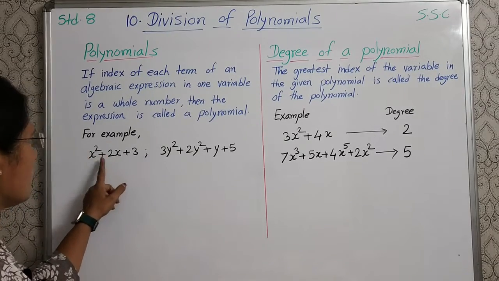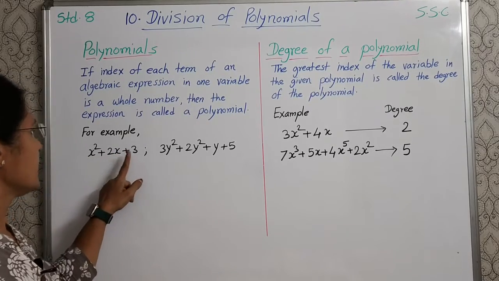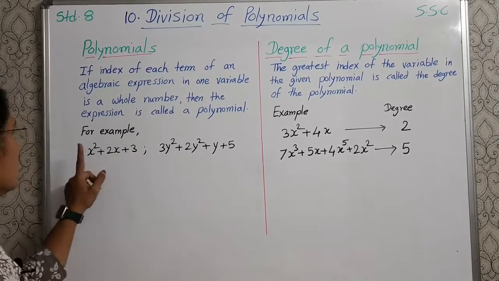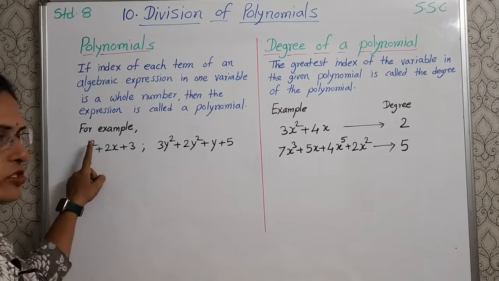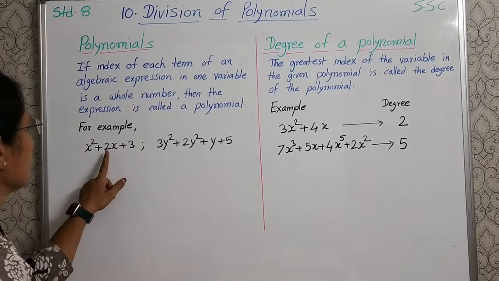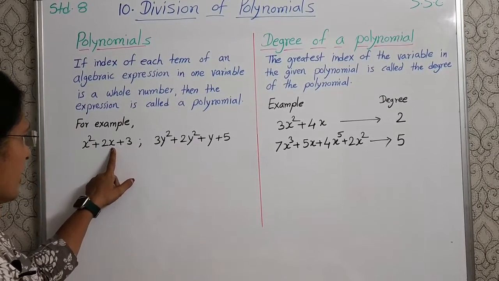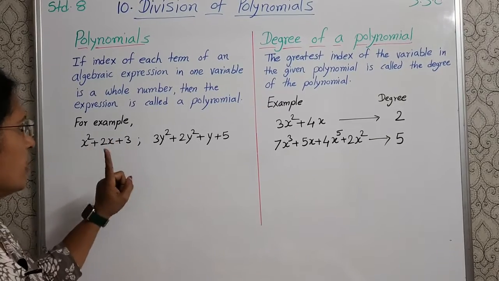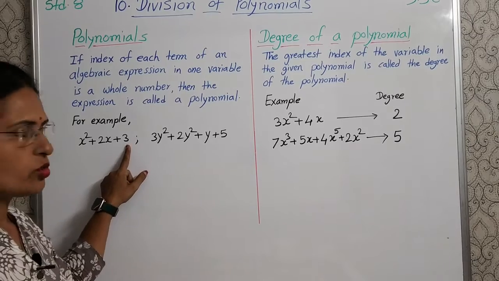Now see the index of each term. There are three terms. First term is x square, second term is 2x, next term is 3. See here, for the term x square, the index is 2, which is a whole number. Here 2x, for this variable x, the index is 1, which is also a whole number. Here the term is only 3.